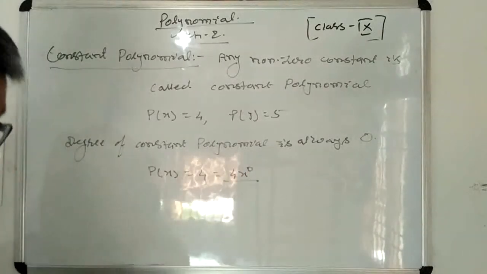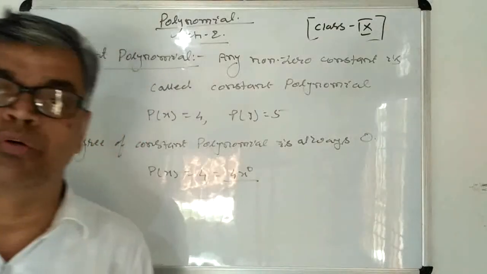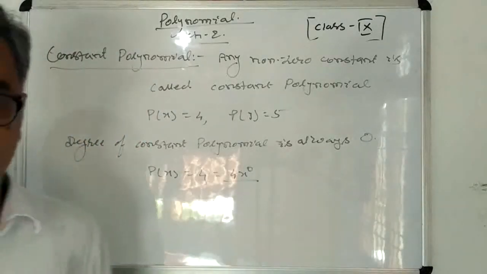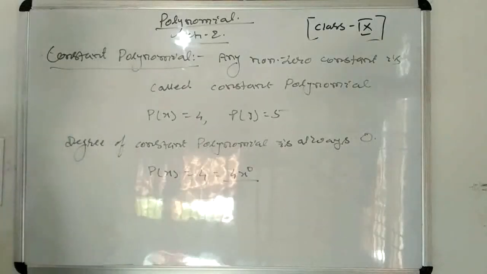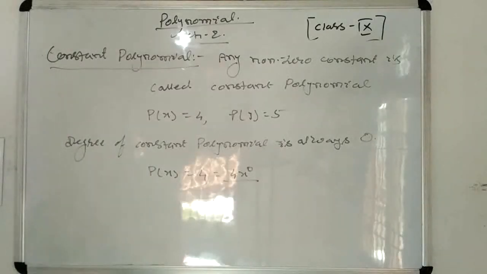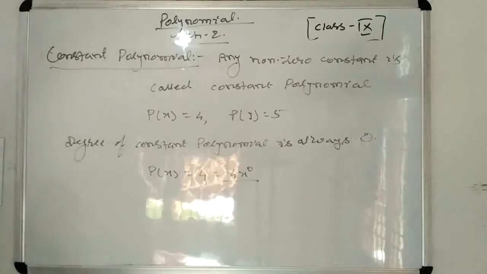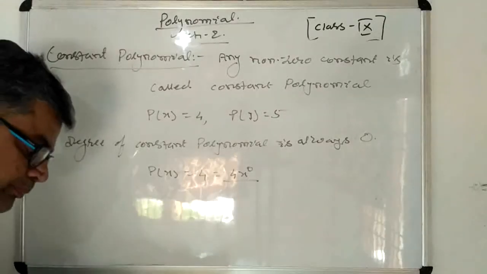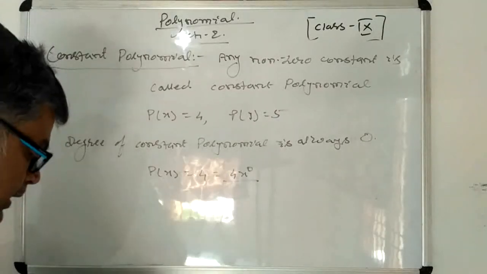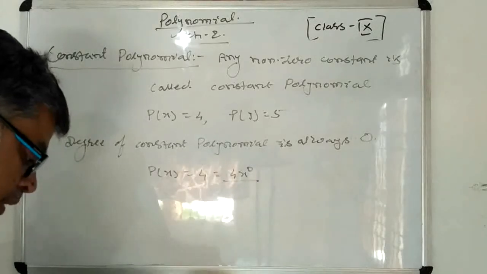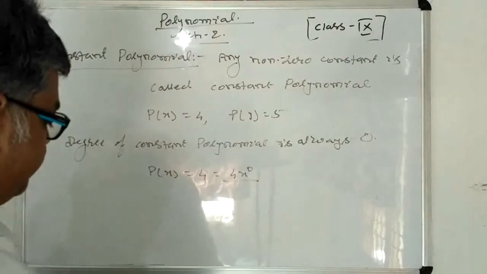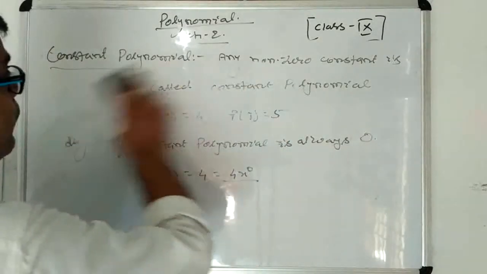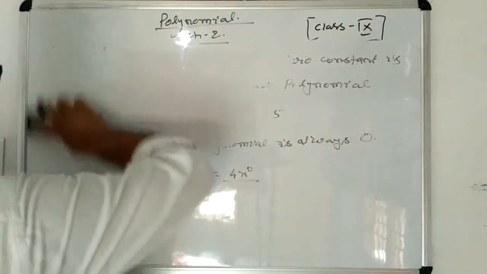That's why the degree of a constant polynomial is always 0. So these are some basic things you must keep in your mind for your basic concepts, so that you can understand the topic.